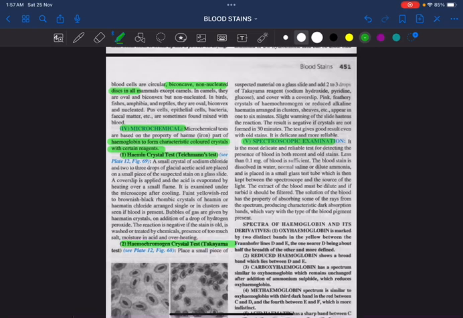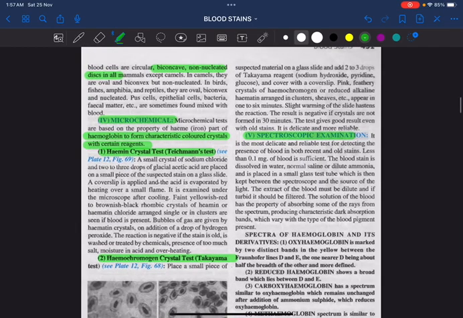There is no need for you to know the procedure of the test. Just remember the hemin crystal test, also called the Teichmann test. The hemin crystals will be brownish black rhombic crystals. So remember, the Teichmann test gives brownish black rhombic crystals.